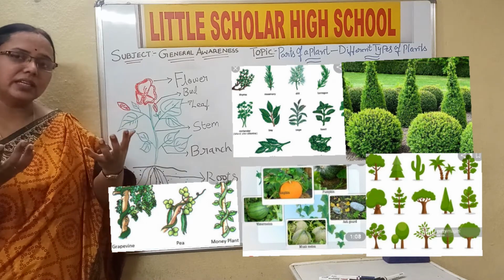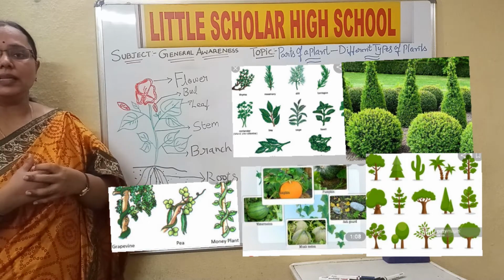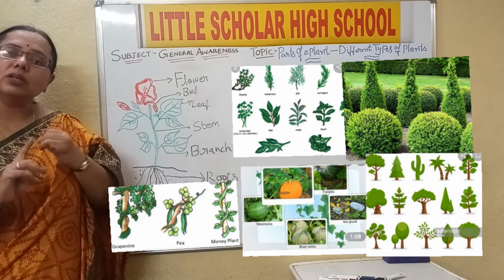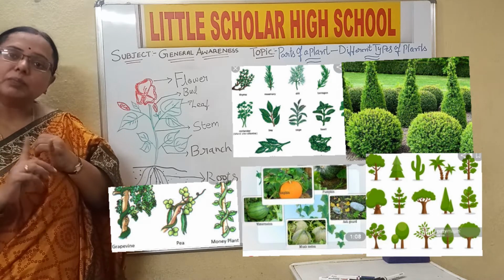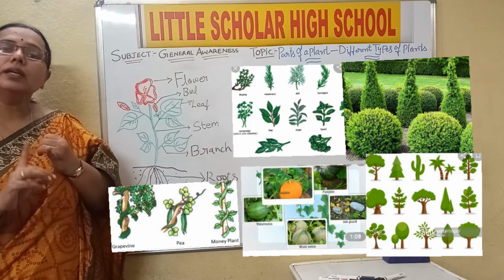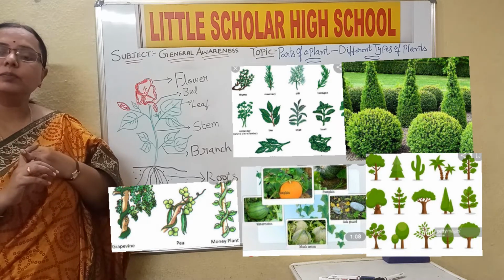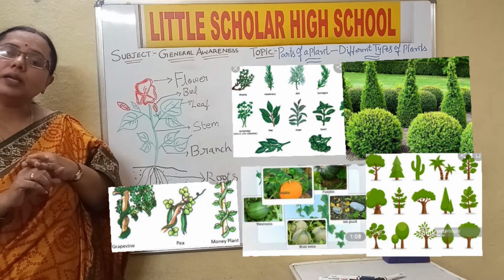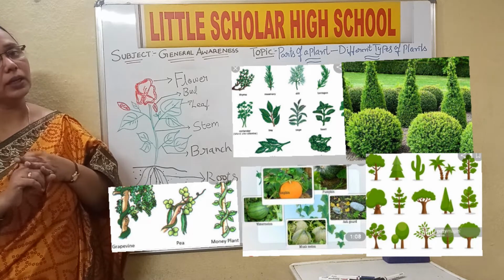Wherever we see the greenery, we get a pleasant mood, isn't it, children? So plants are important. The first thing is that they give oxygen. Plants and trees give oxygen, and they also help us to be pleasant, and they keep the air clean.